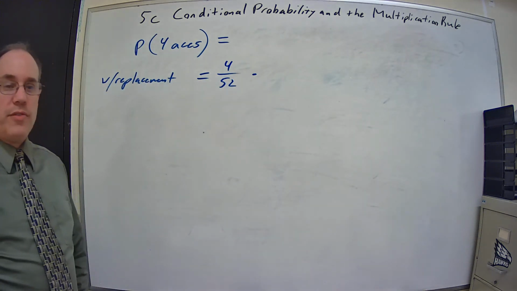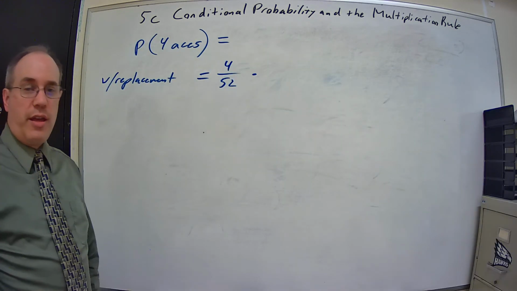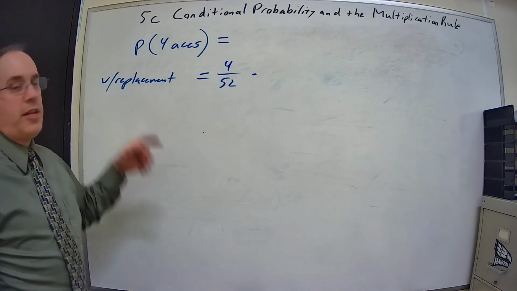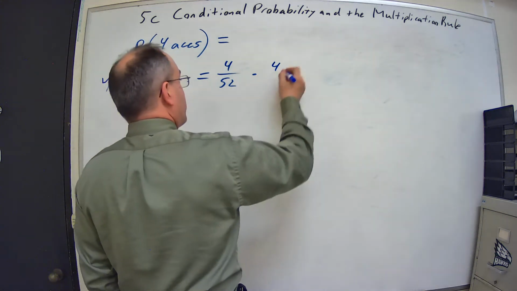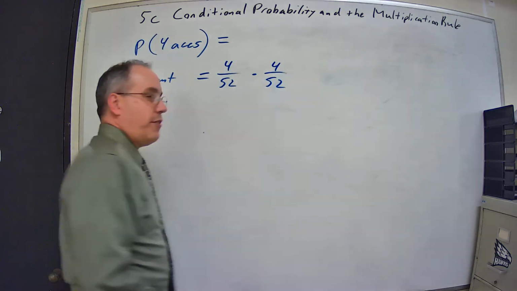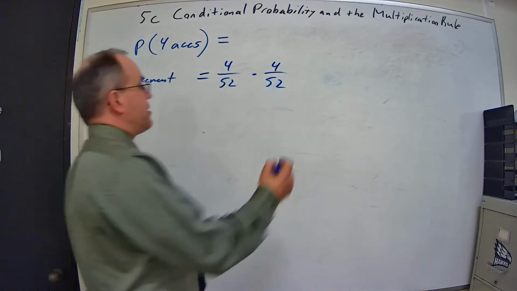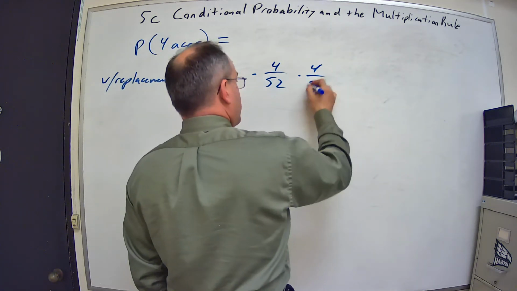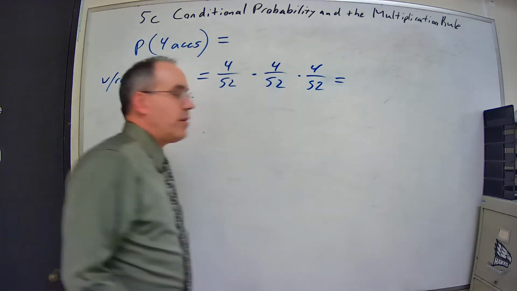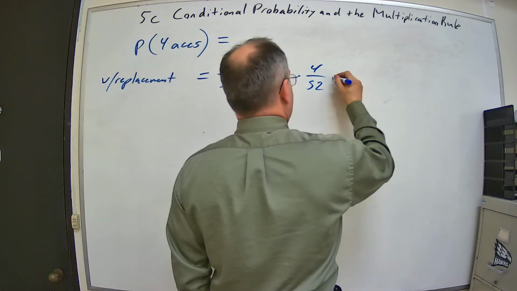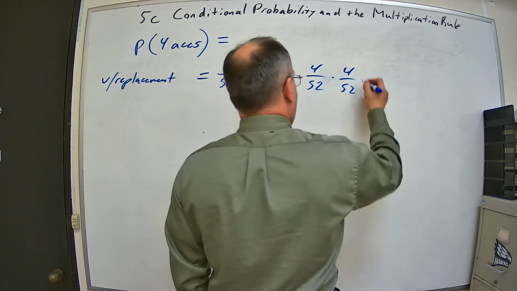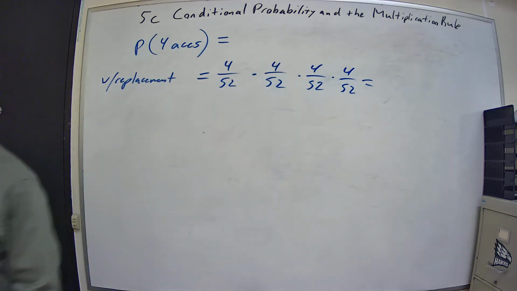The probability of selecting the second card as an ace, this is with replacement, so that card went back into the deck, so I still have 4 aces out of 52. The third ace, I still have 4 aces out of 52. The last one, I still have 4 aces out of 52.